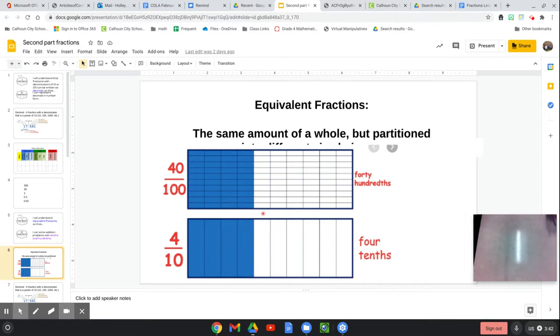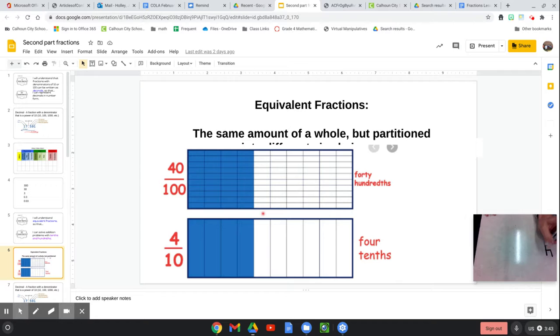So, for example, in the last mini lesson, so I hope you're watching this second. If you aren't, go back and watch the other one. We talked about how tenths and hundredths can be equivalent. So see here that 4 tenths, that's like 4 10 rods or 4 dimes like we looked at, equals 4 tenths. See that right there? Now 40 hundredths, that's like 40 pennies, or 4 dimes that equal 10 each, that's 40 hundredths.